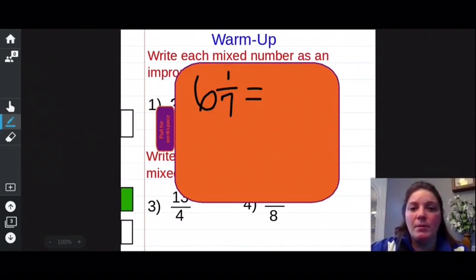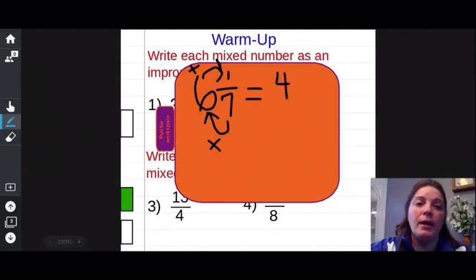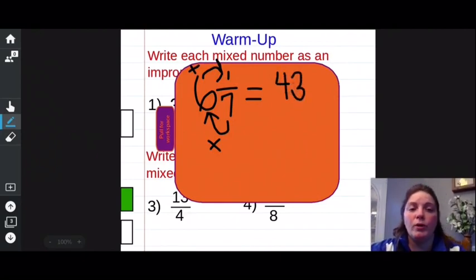We take our denominator, 7, and we multiply it by our whole number, 6. Think about it. 7 times 6, yep, it's 42. Then we add the numerator to that product. So we take the 42 that we got, we add 1, yep, we get 43. That becomes our new numerator, 43.